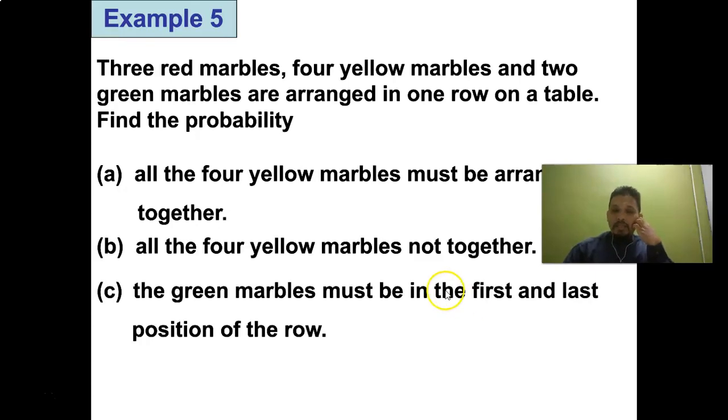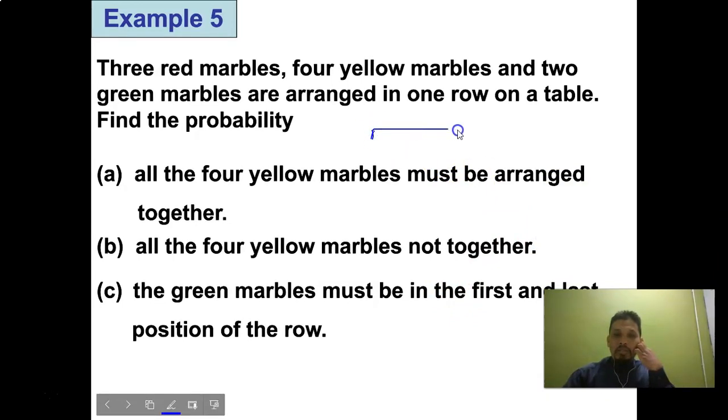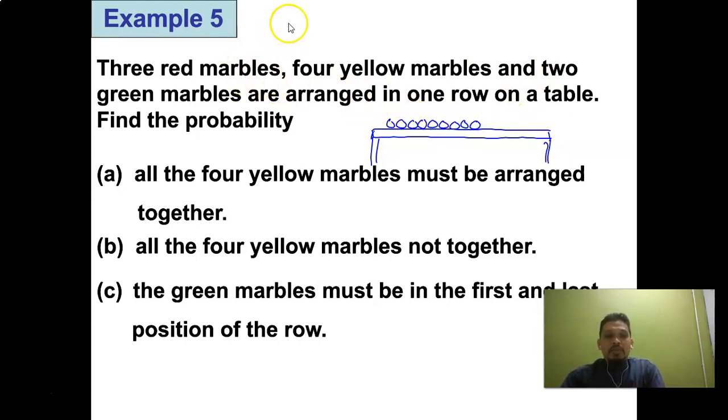Just imagine that on this table, we need to arrange 3 red marbles, 4 yellow, and 2 green.